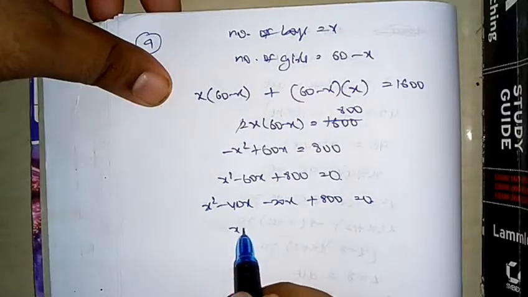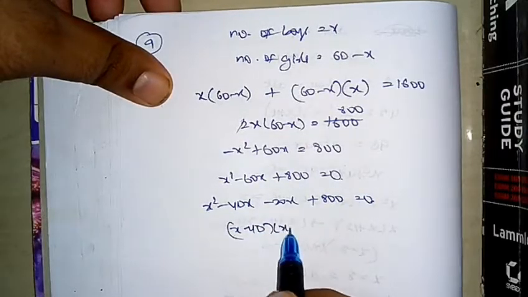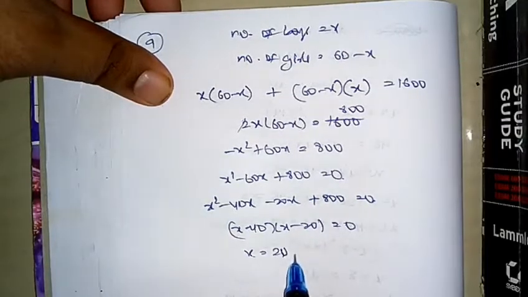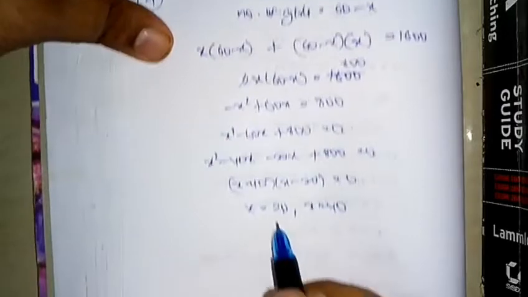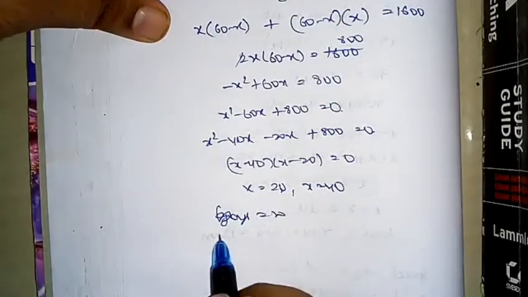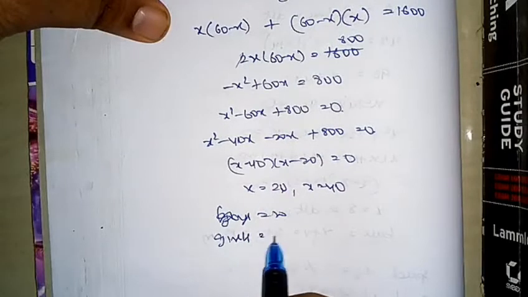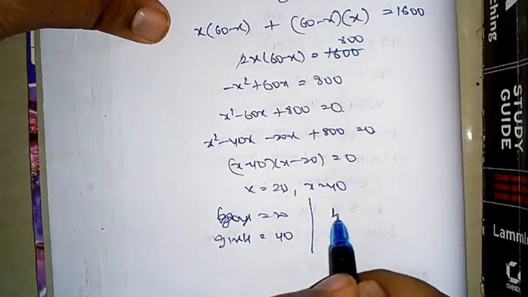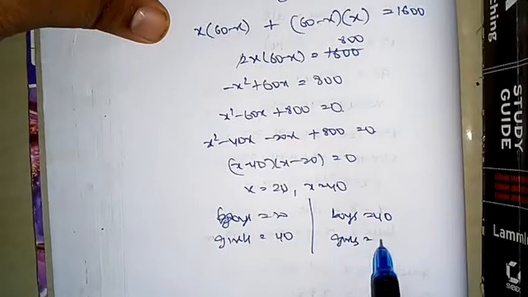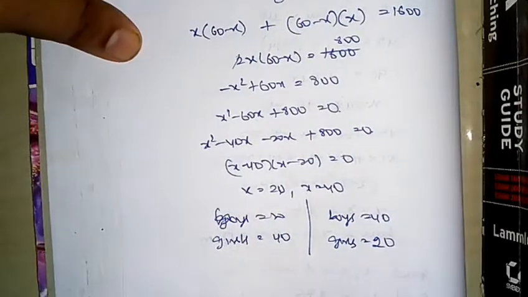Right? So (x − 40)(x − 20) = 0. So x is equal to 20, x is equal to 40 are solutions. If boys is equal to 20, girls will be 40 in the first case. If boys is equal to 40, then girls will be equal to 20 in the second case.